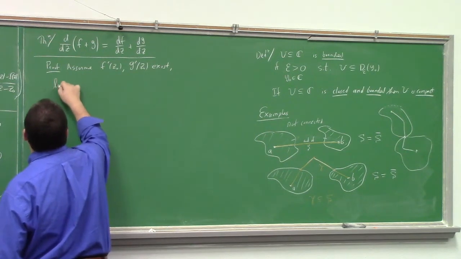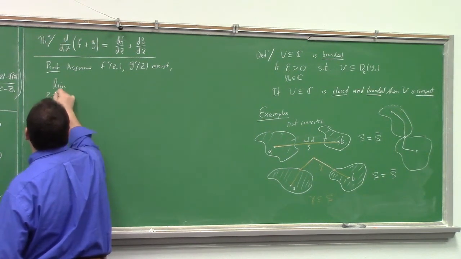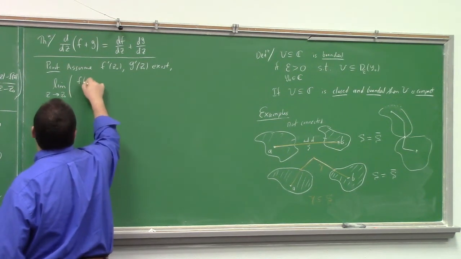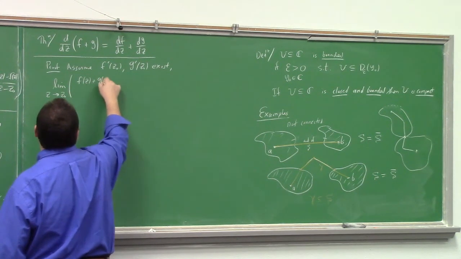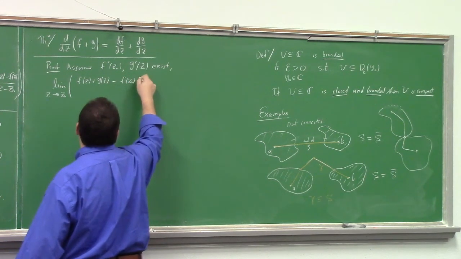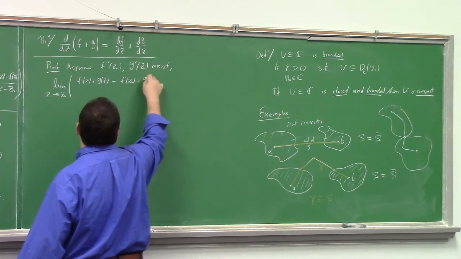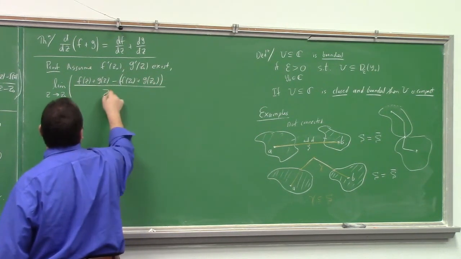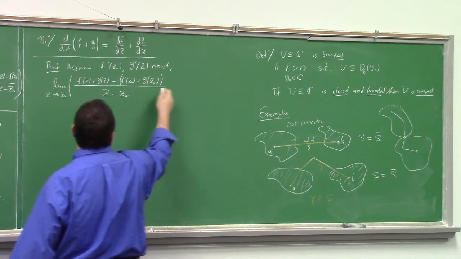Then you can look at the limit as z goes to z naught of (f of z plus g of z minus f of z naught plus g of z naught) over z minus z naught. This is the difference quotient for the sum of the two functions.